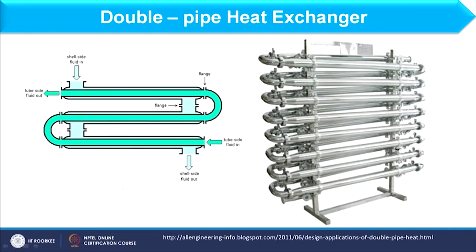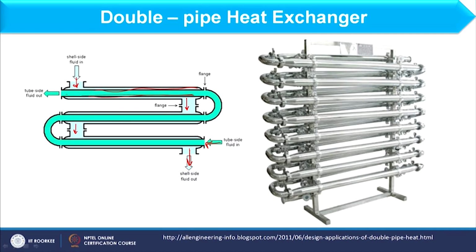Okay, so here you see we have this double pipe heat exchanger. This is the annular side, and this is the inner side, and this is the annular side. One fluid is moving in the annular side, then it transfers from here to here and exits from here. Another fluid is inside the tube and moves in a serpentine manner.